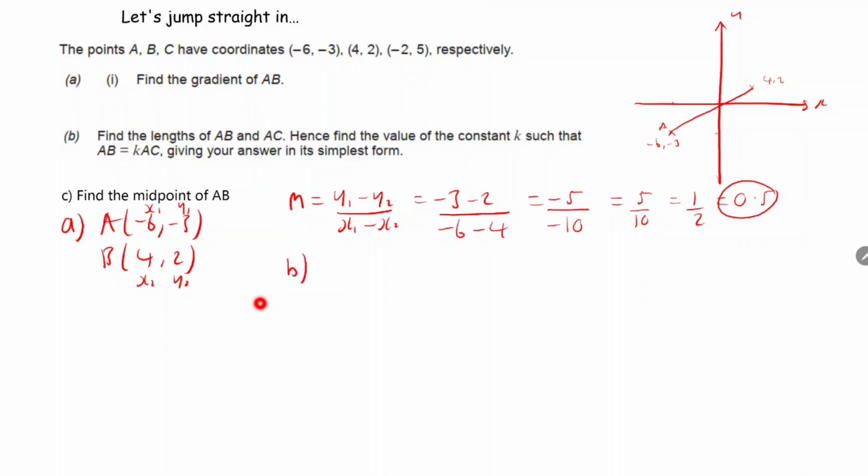Okay, part B. Find the lengths of AB and AC. Hence find the value of the constant K such that AB equals KAC.